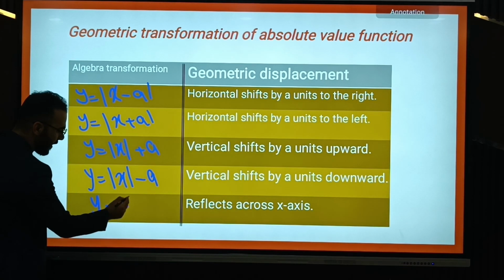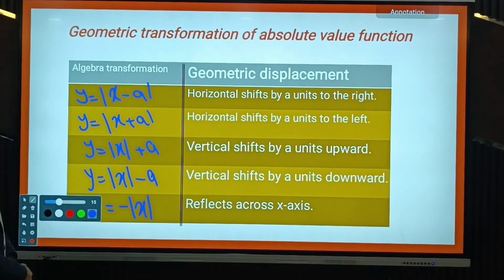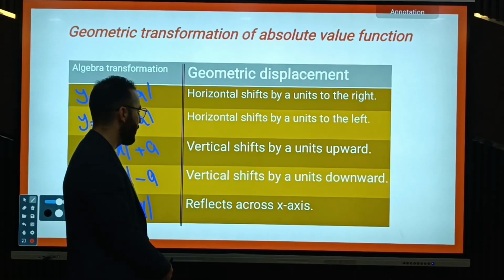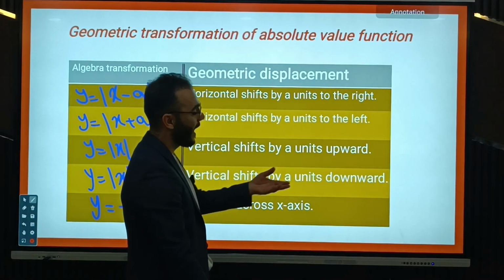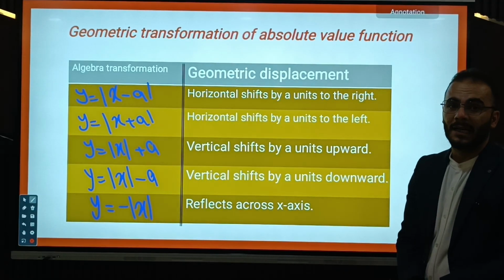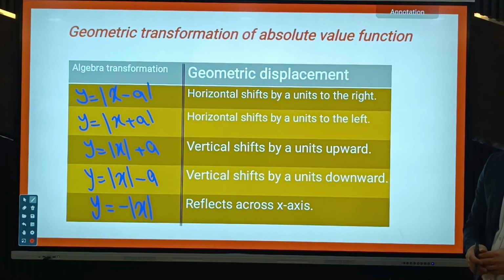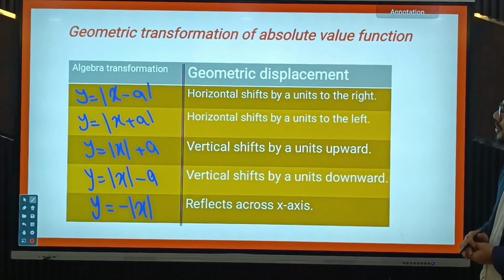And y equal to negative absolute value of x. These are the geometric transformations of the absolute value function that we have in our book. Again, you will study it in grade 12 if the book didn't change, because this exactly came from the grade 12 book. So horizontally shifted by a unit to the right.